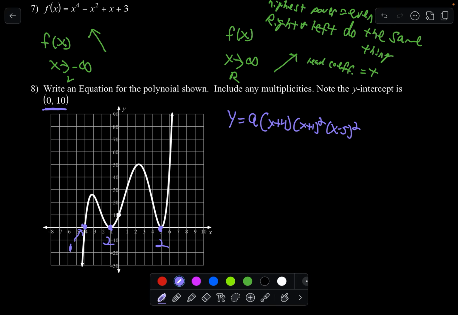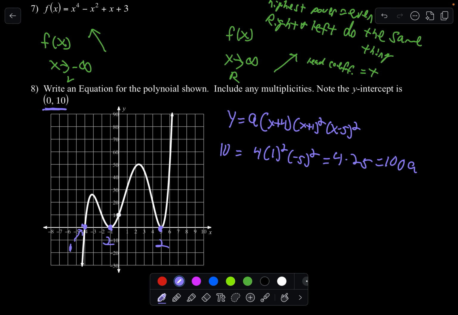The only thing we don't know is a. They tell us y is 10 when x is 0, because that's the y-intercept. So that means it's going to be 4 times 1 squared times negative 5 squared, which equals 4 times 25, which is 100.